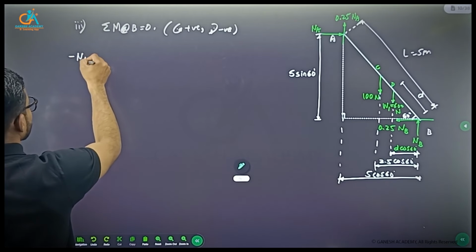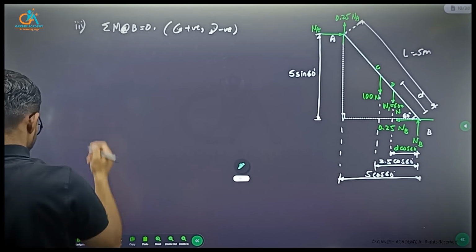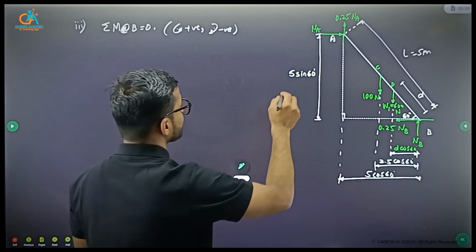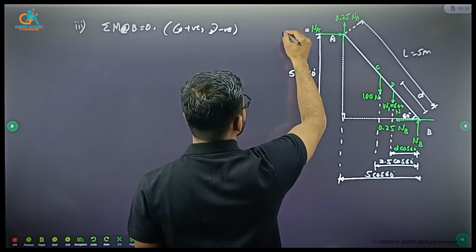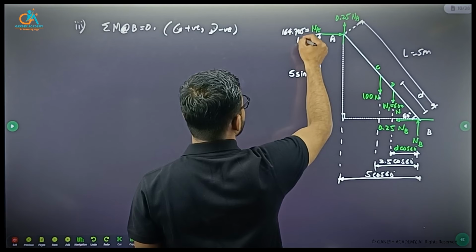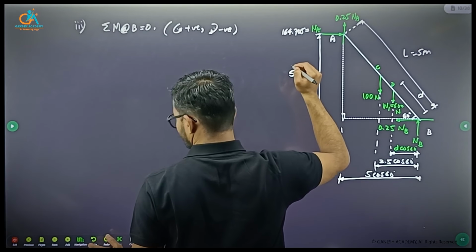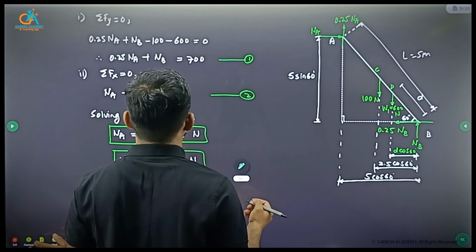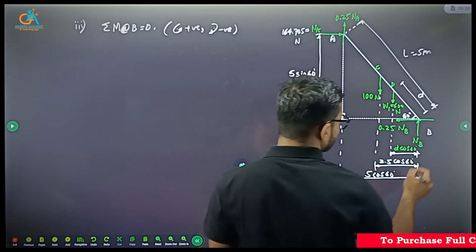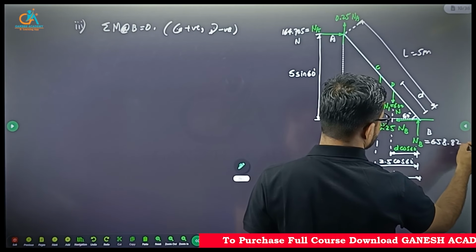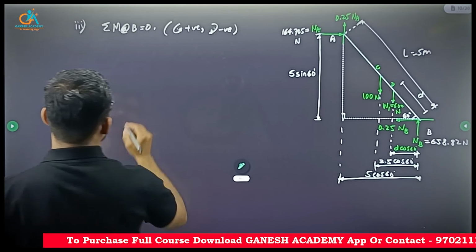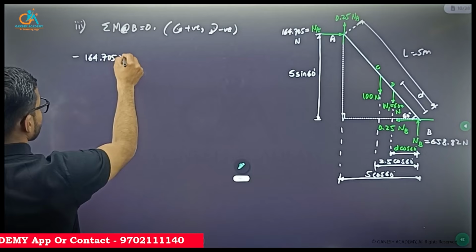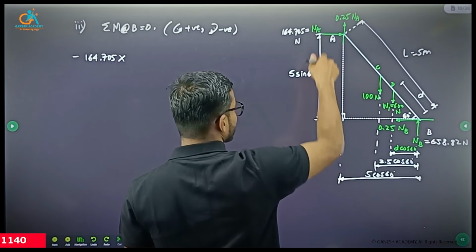So minus NA into, which is equal to NA we have value 164.705 and 658.82 NB. So minus 164.705 into perpendicular distance from moment center B is 5 sin 60.